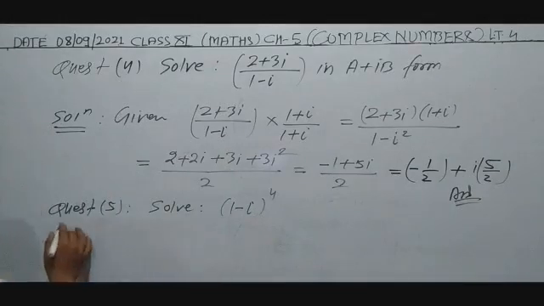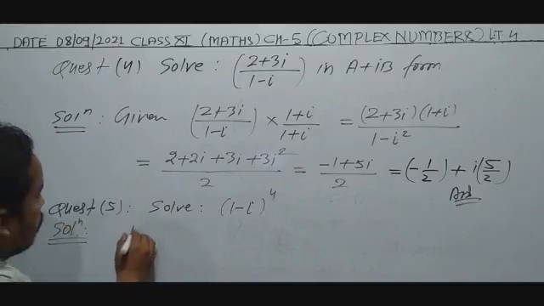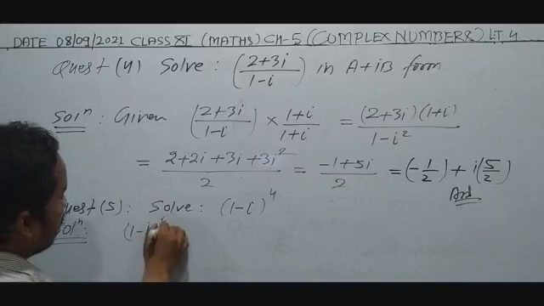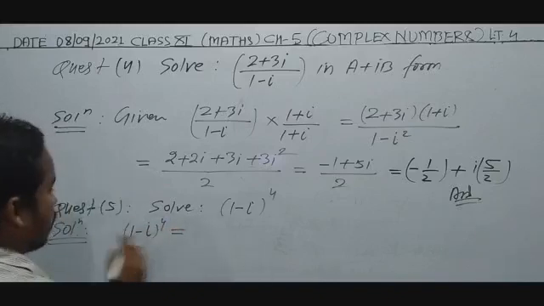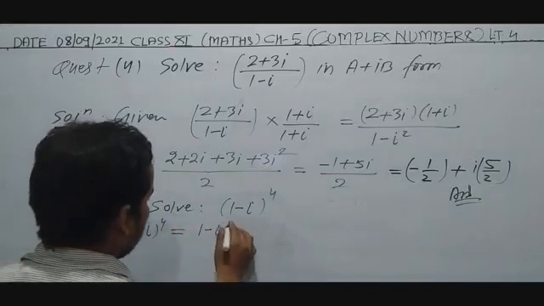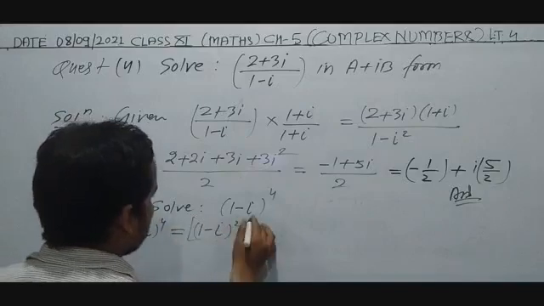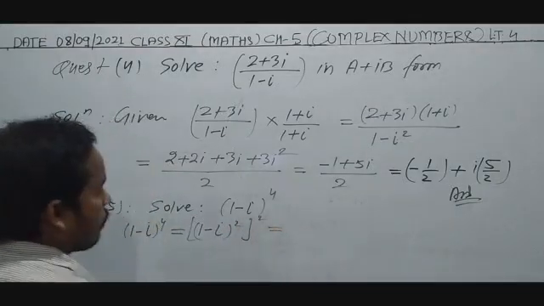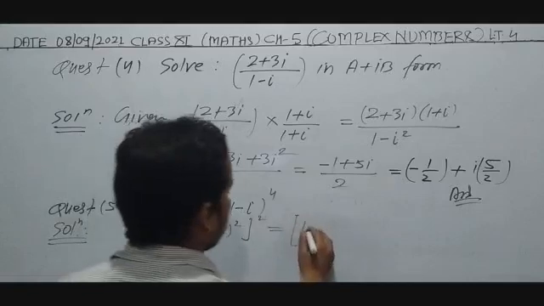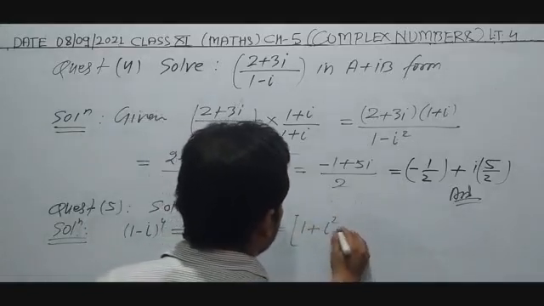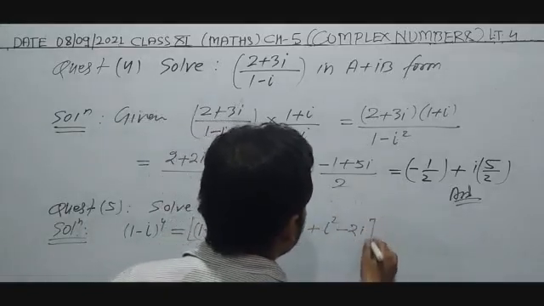Now solution. (1 minus i) to the power 4 can be written as (1 minus i) whole square to the power 2, and now this is (1 plus i square minus 2i) whole square.